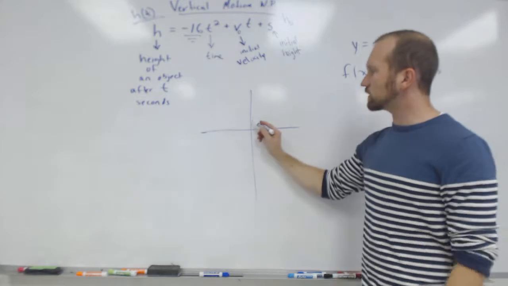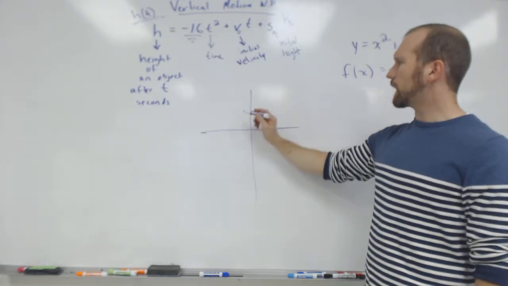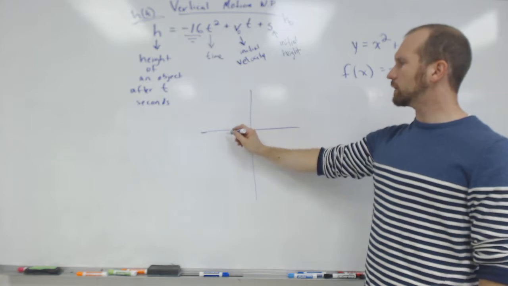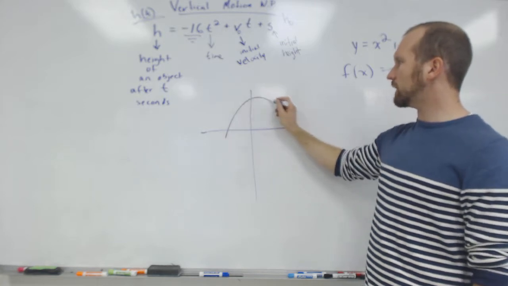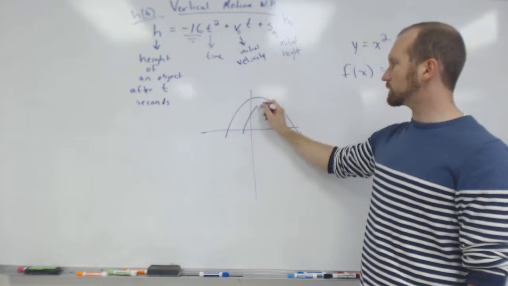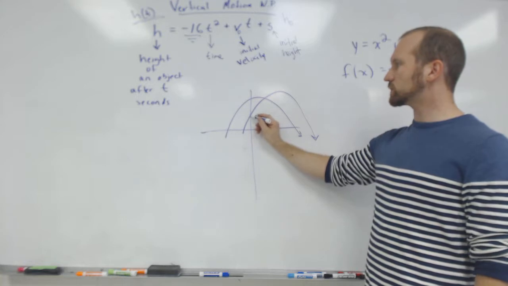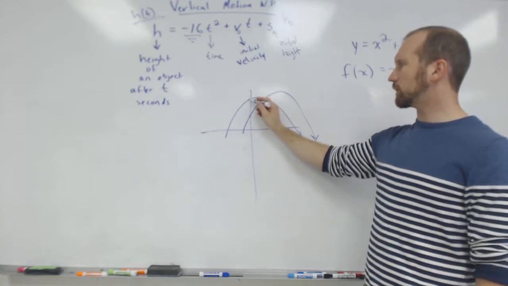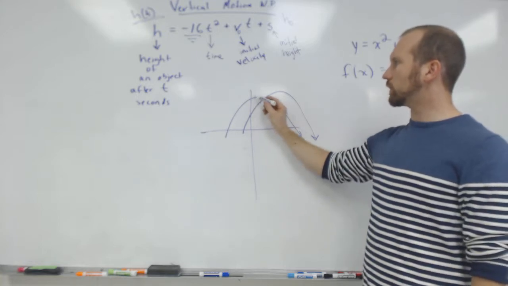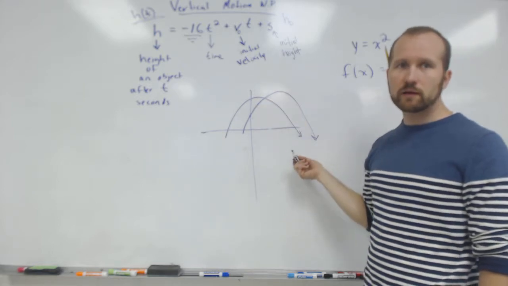If an object starts on a cliff and is falling down towards the ground, that just means the parabola might look something like this, right? Or maybe it's more like this. So here's your starting point, right? And then does the object go up from there? Does it go straight down from there?